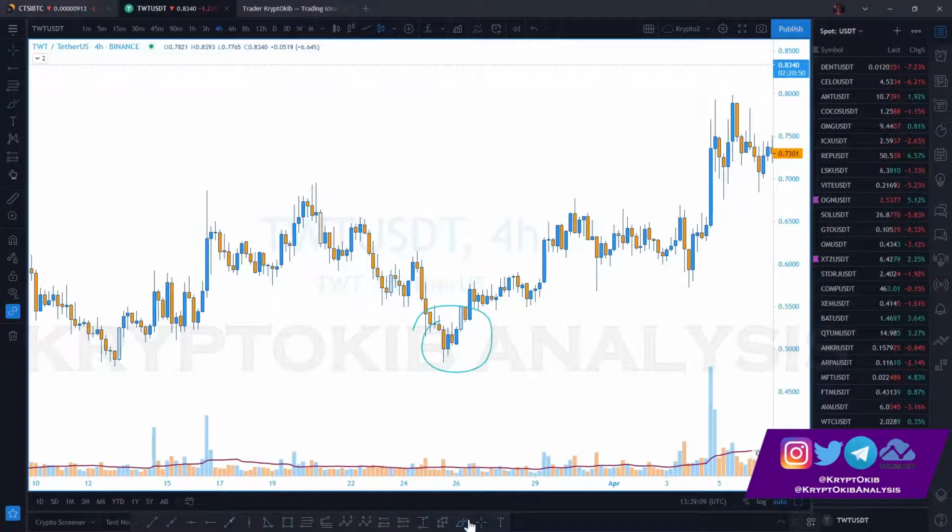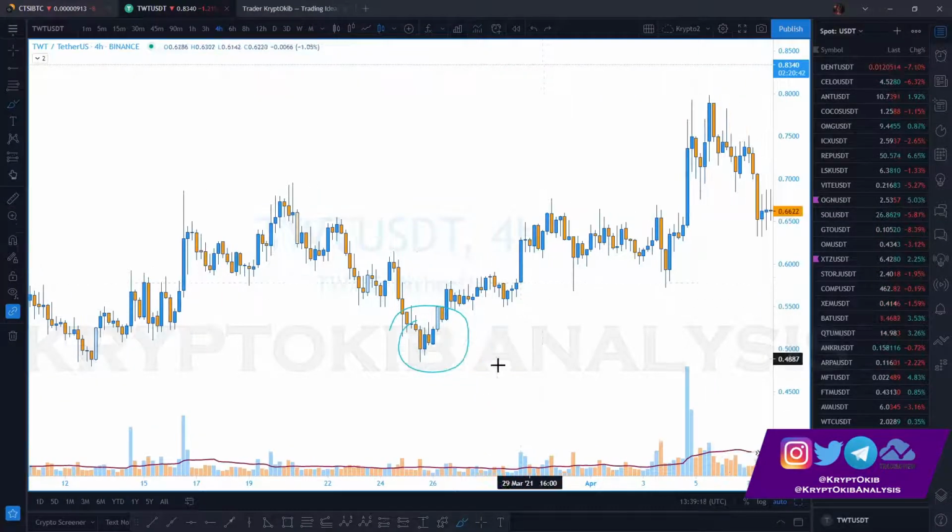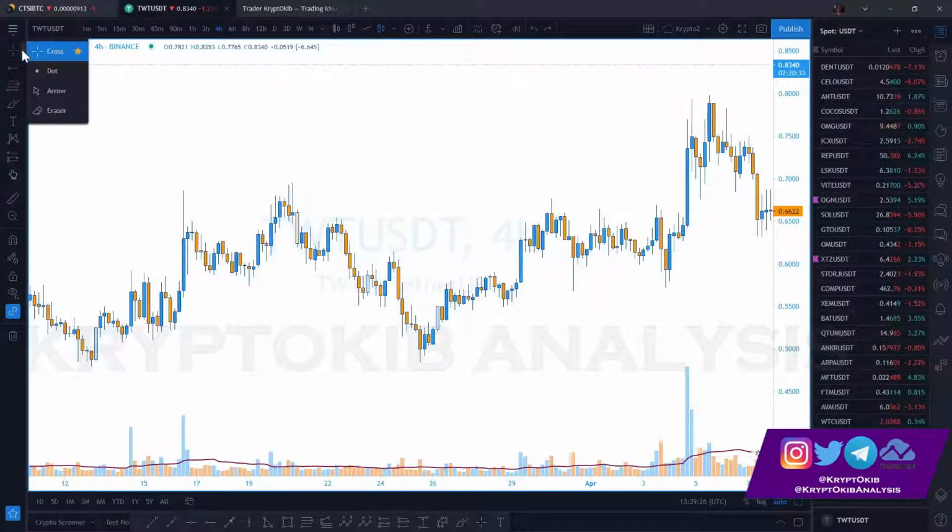there was an initial rally which was this. So this is a move away from the basin area. So where is the last red candle? This particular candle will be the last red candle. That one that is highlighted, that will be it. This one will be the last red candle.